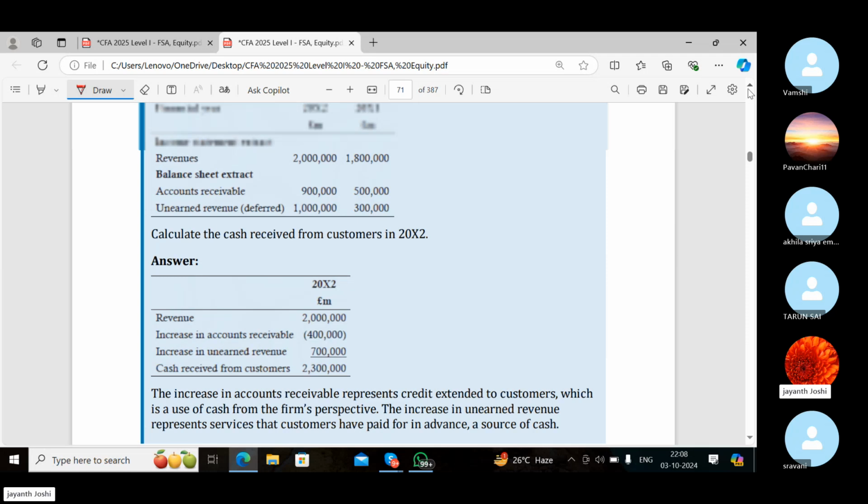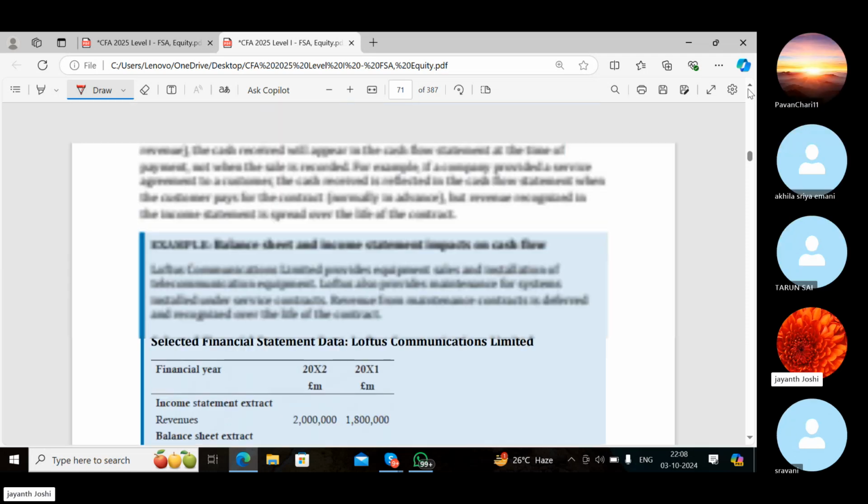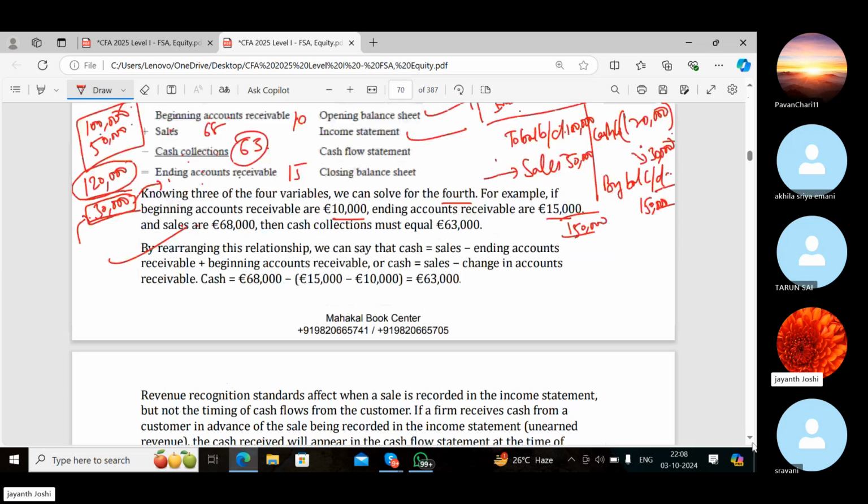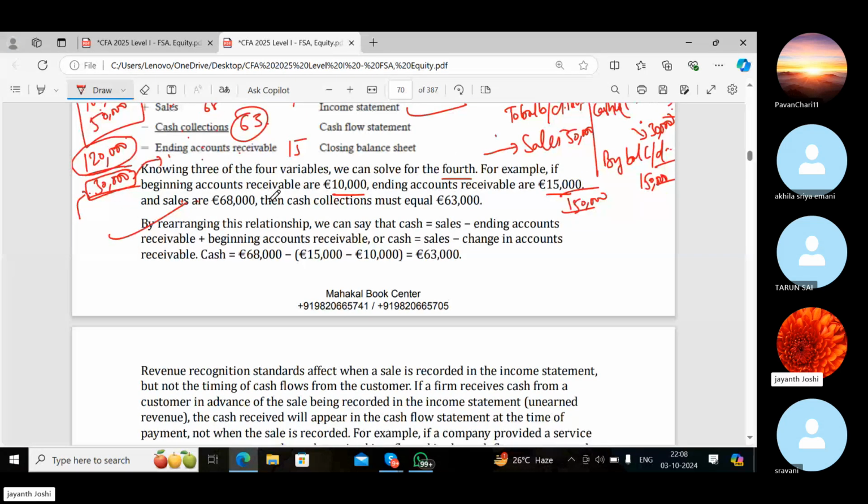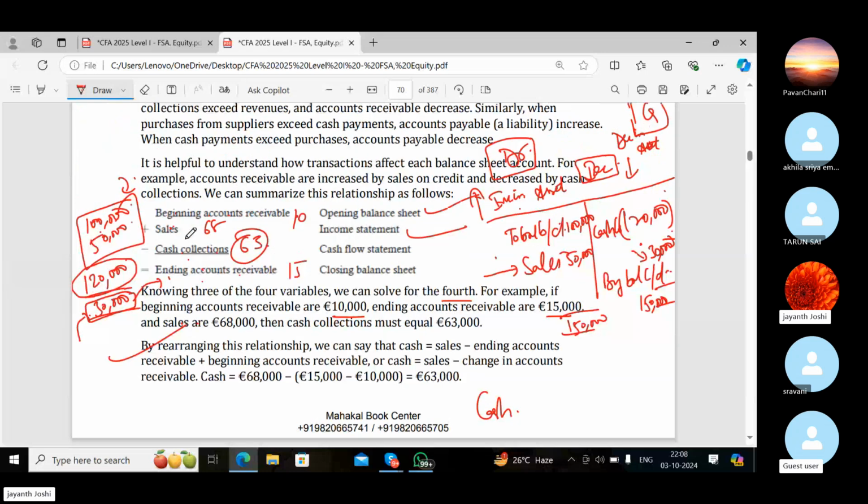Before that, we will also go to some other points. By rearranging this relationship, cash collection is equal to sales minus ending account receivable plus beginning account receivable. If you want to learn those formulas, it's up to you, or else if you are good with this, you can go with this.